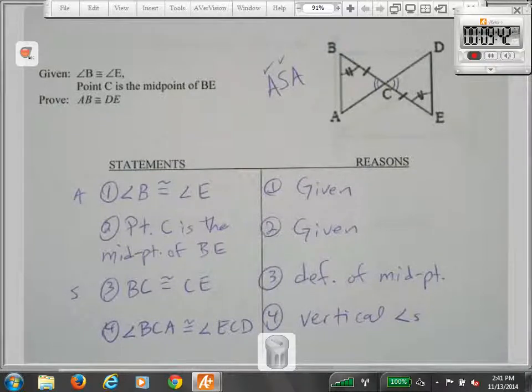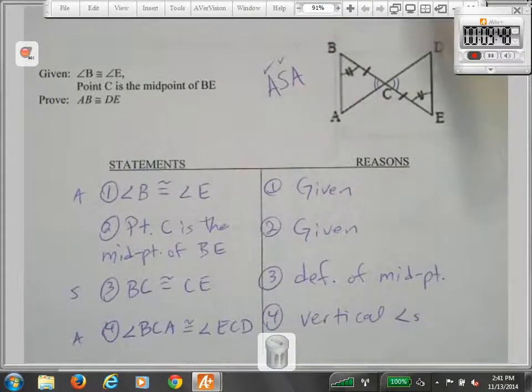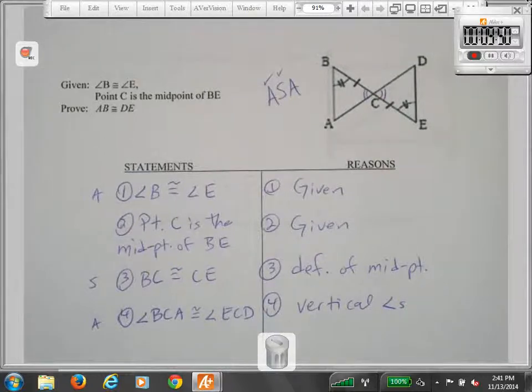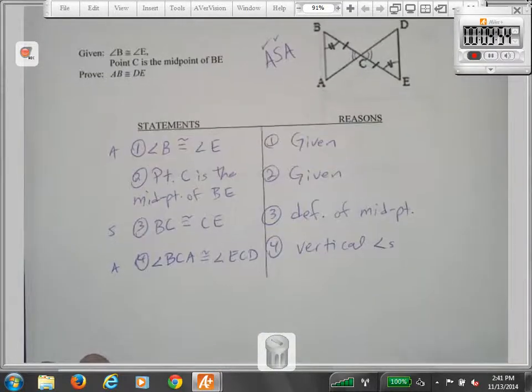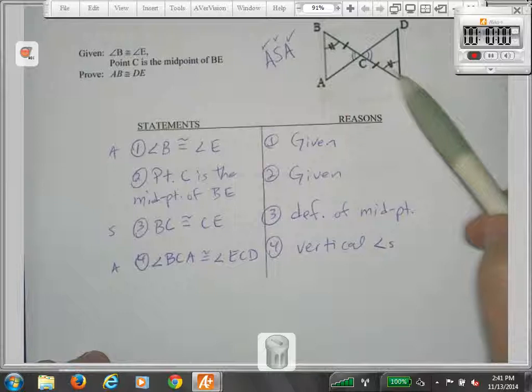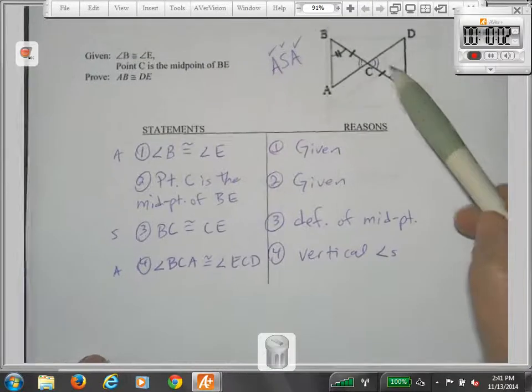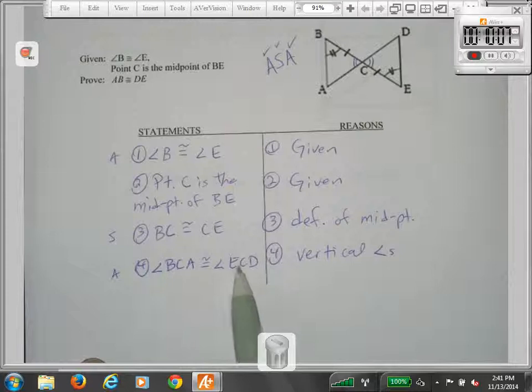So could it have been ABC, DC or DEC? ABC and E, if you say E in the middle, you mean this angle right here. C's got to be in the middle to mean the vertical angles. C's got to be in the middle of your angle statement, your angle name.